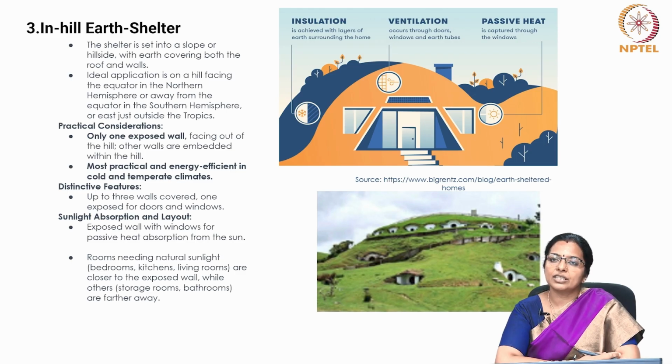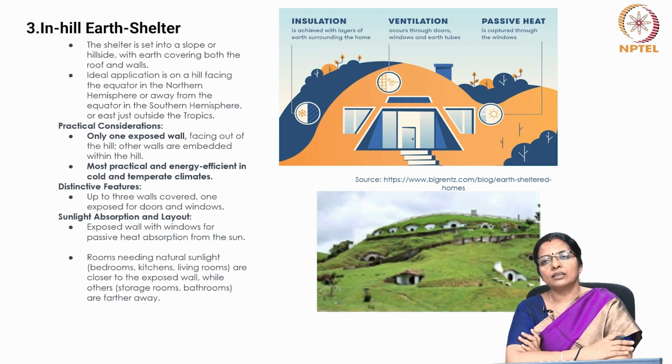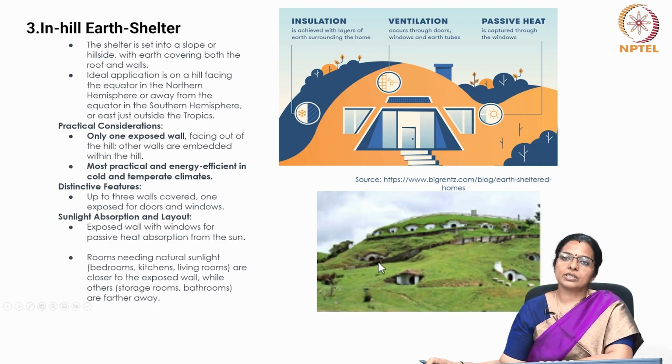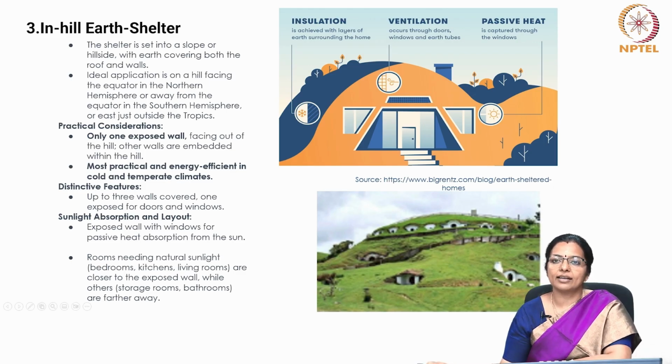Practical considerations are that they have only one exposed wall facing out of the hill. The other walls are embedded within the hill. Most practical and energy efficient in cold and temperate climates, these are much suited to these climates. One of its distinctive features is that up to 3 walls can be covered and one exposed for doors and windows or for entering the house.